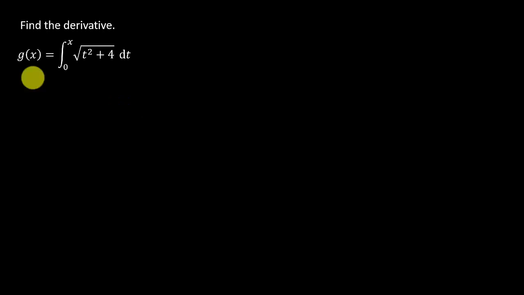And so you can see we have g of x is equal to the integral from 0 to x of the square root of t squared plus 4. All right. So that means we have g prime of x is equal to, so all we're going to do is take this x and plug it in for t.